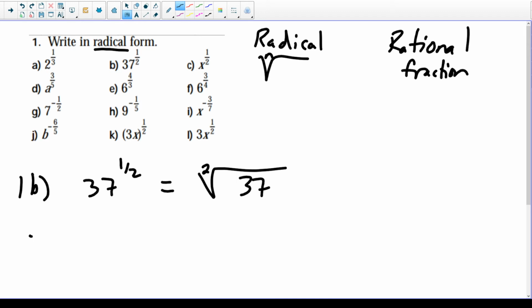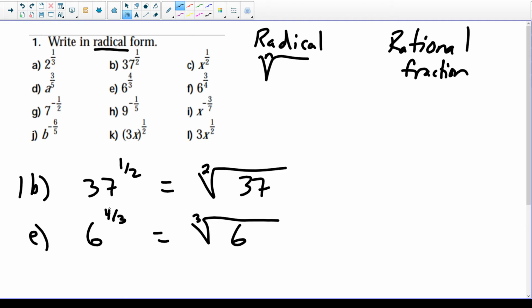If we look at E, how is E different than B? Well, E has a number in the numerator that isn't a 1. So where does that number go? Well, from the video yesterday, the type of root is the denominator. The radicand is the base of the exponent. We call whatever is underneath the radical a radicand. Okay?